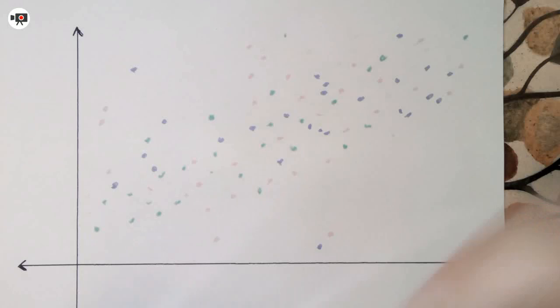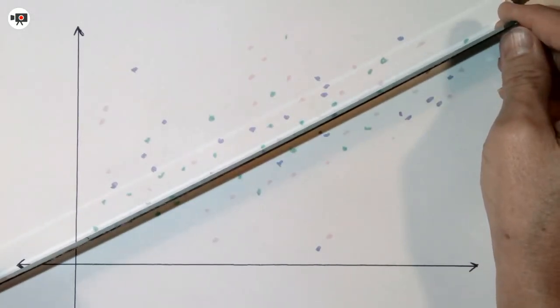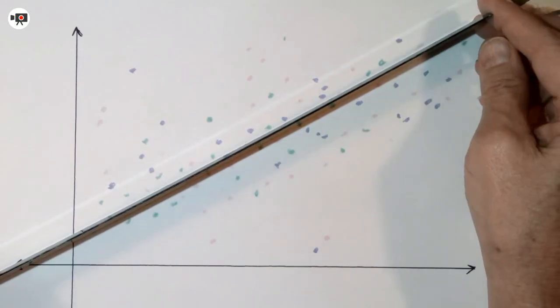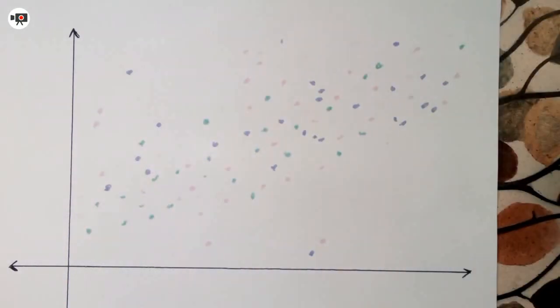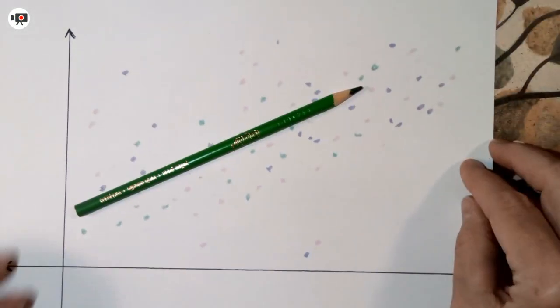Can I kind of make sense of that? Well, what I'm going to try to do is look here and see, is there a place that I can draw a line that tends to be more above it or more below it? So I'll take this pencil.